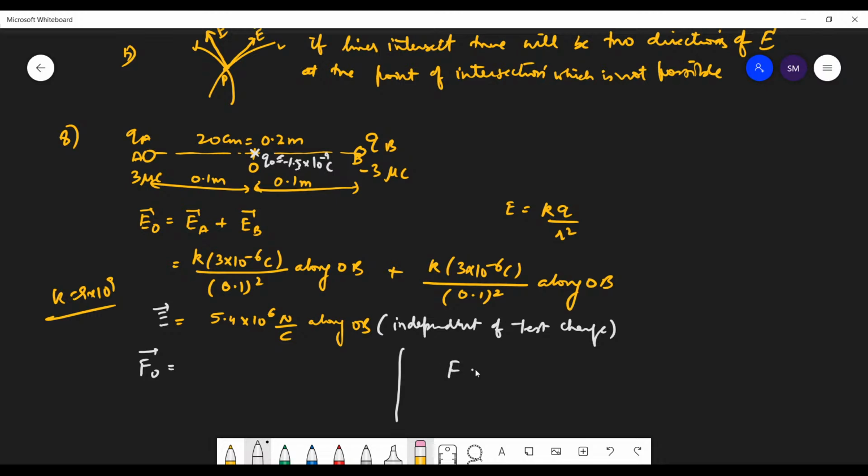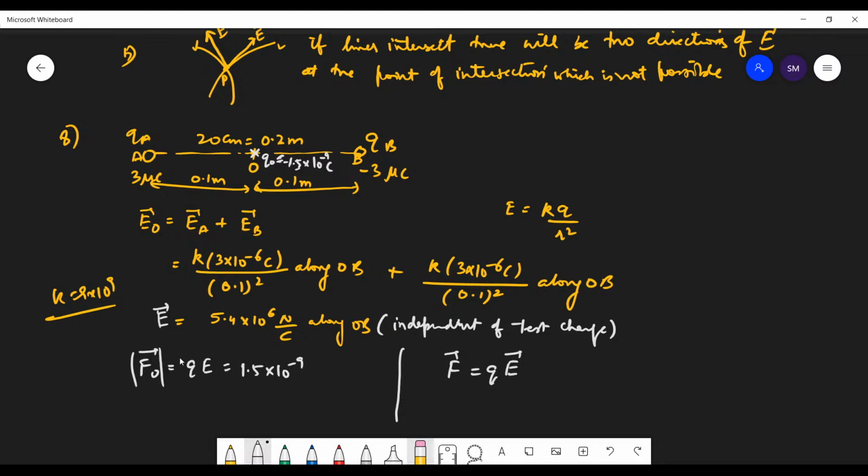So we know F equals QE. Now this force F naught equals QE, so let us write the magnitude. In terms of magnitude, it is equal to Q into E. So E is this, Q is 1.5 into 10 to the power minus 9.